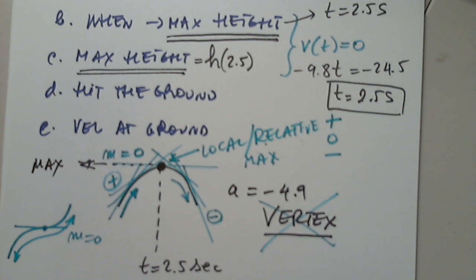I have negative 4.9 t squared, plus 24.5 t, and plus 2. And this is the second function in red, and I want to plug in 2.5.